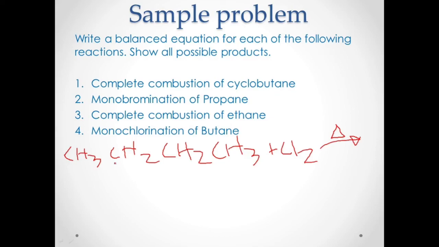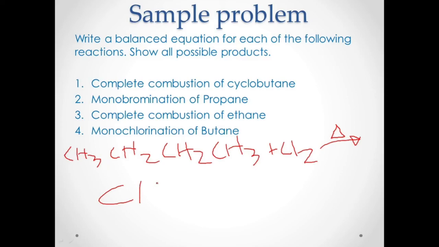Carbon number 3 would also be substituted with a Cl, but with the same result as carbon number 2, because there is no 3-chlorobutane, it's actually a 2-chlorobutane. So you would only expect to have 1-chlorobutane and 2-chlorobutane.